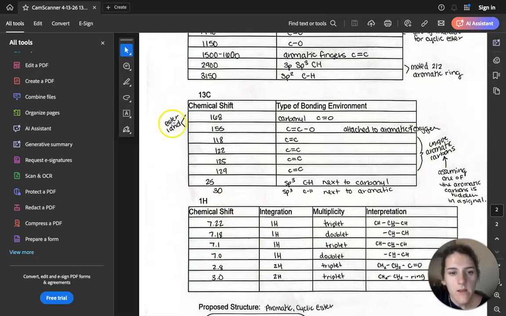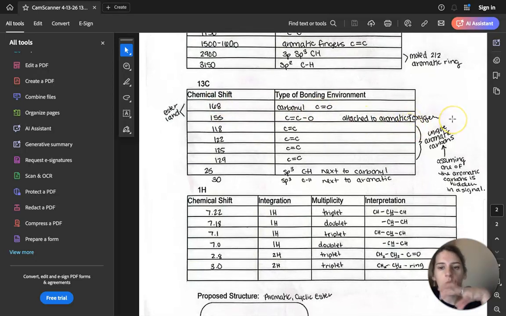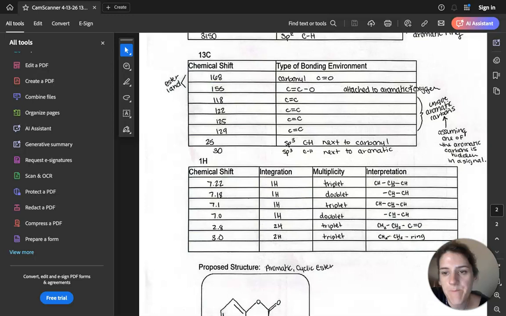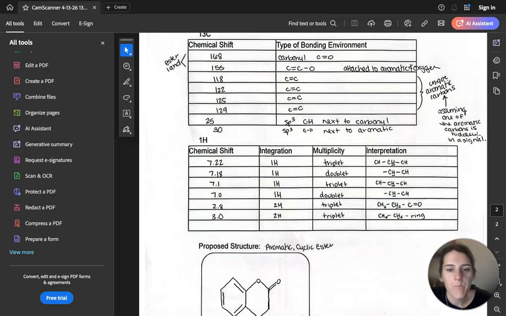All right, and then as I went over before, my ester region, these numbers right here, and then I started attaching how they were attached. This one is going to be attached to my benzene because it's a stronger signal. This one's going to be attached to my carbonyl. You can see my thoughts on that. These ones right here are all your aromatics, but I also put in assuming that there might be an extra one hidden, and you'll see why I keep saying that.